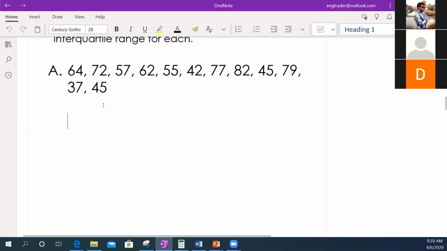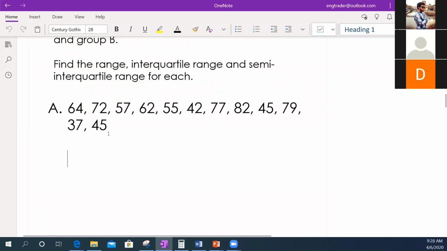Okay, so we're talking about the range. The first thing we want to calculate is the range, which is the difference between the highest and the lowest values in the data. First we need to identify which is the highest and which is the lowest.